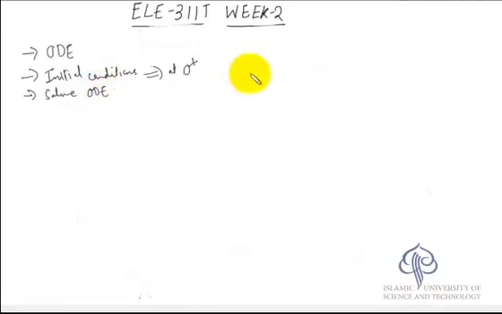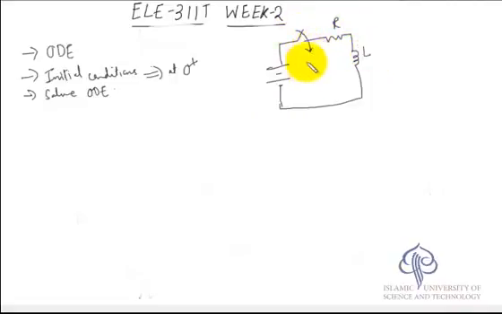So let us take the circuit that we have done before. We are having say a DC source. It's connected through a switch to a resistor and an inductor. The switch closes at t is equal to 0. This is the voltage source.